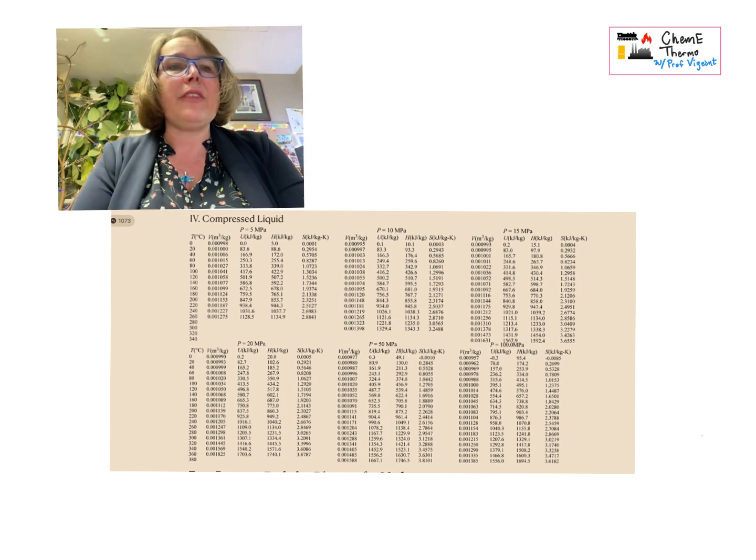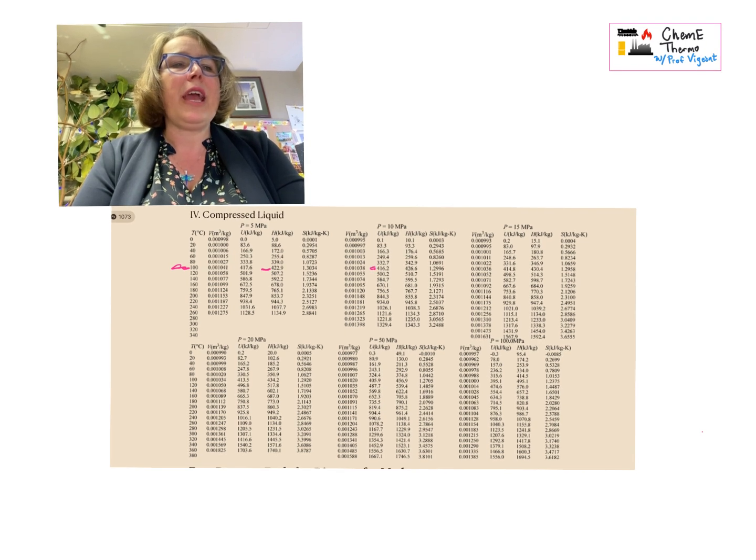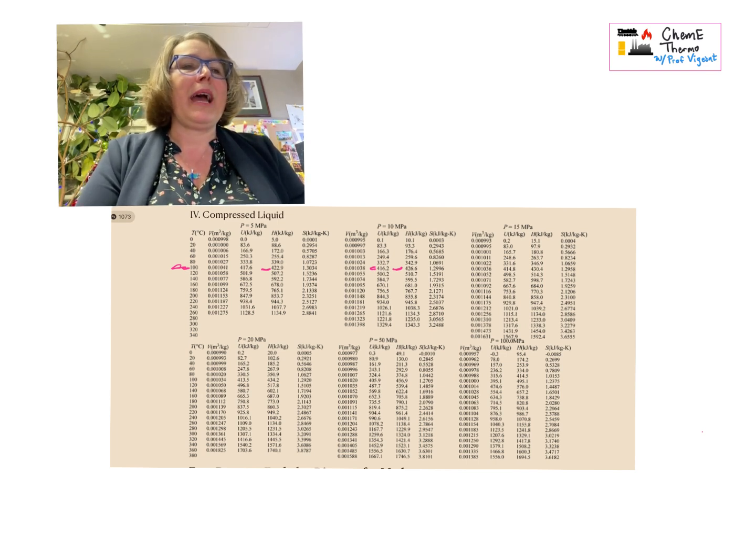And if you look at, let's pick 100 degrees here. And if we look at 100 degrees, we say, oh, look, its internal energy is 417, its enthalpy is 422, and then I go over here and I look at 10 megapascals, so we've just really ramped up that pressure, and you can see the change.